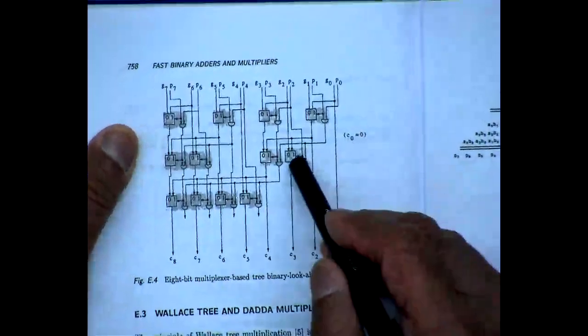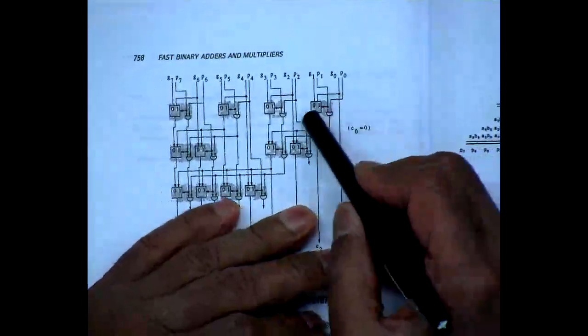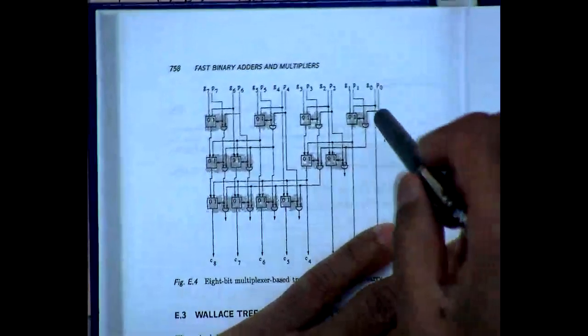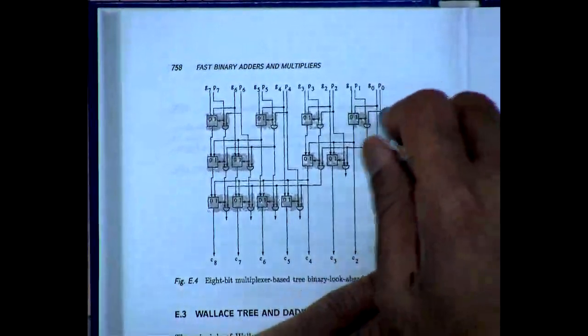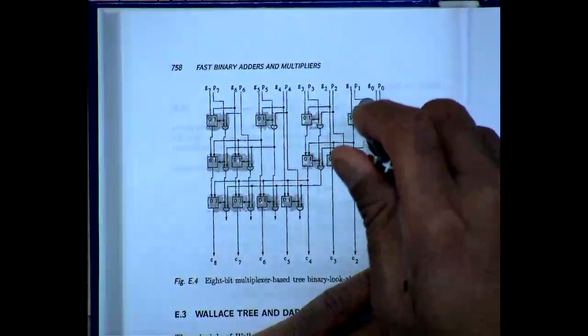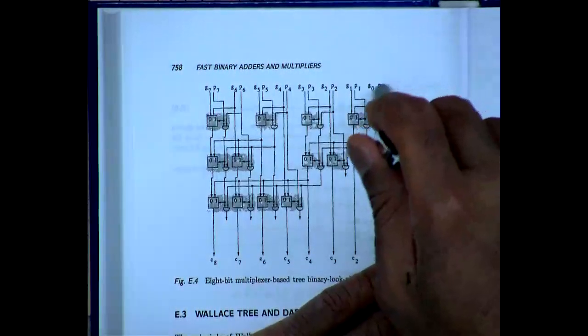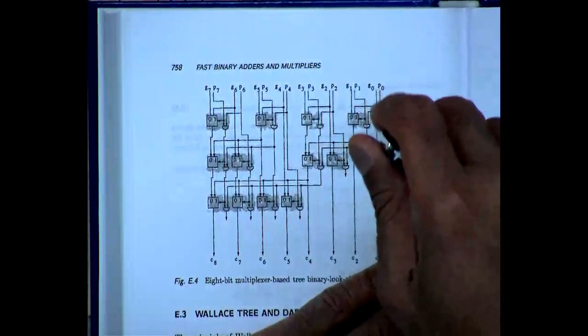So this is a multiplexer here. What we have done here is, think about it, we take these pairs. Remember how we were computing these pairs? What were the pairs computing?